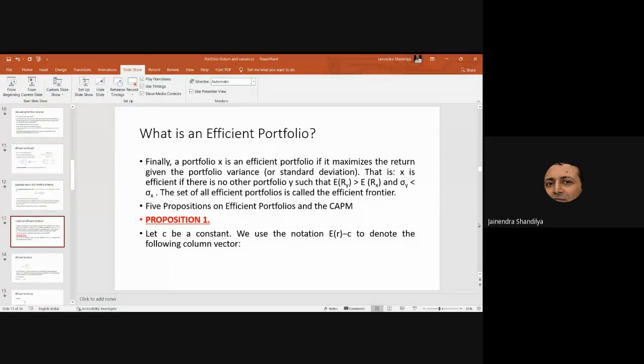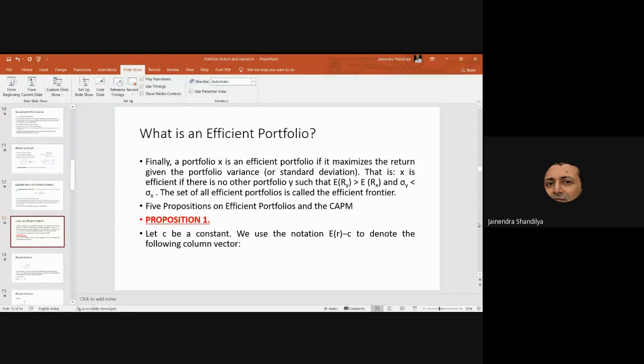So when we call a frontier or a portfolio efficient, it should give you a situation where the expected return of this portfolio is greater than the other portfolio, whereas variance is lower than any other portfolio having similar characteristics. So an efficient portfolio will maximize your return.